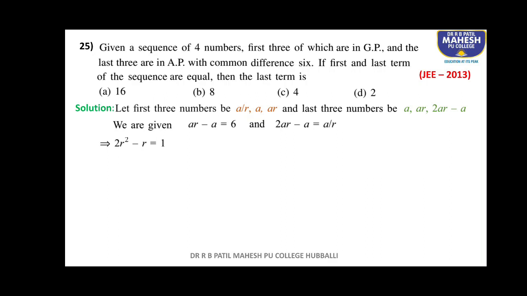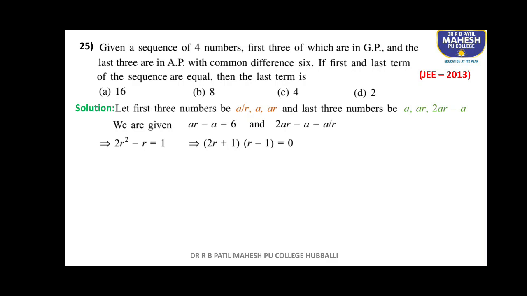Multiplying R to the left hand side, it becomes 2R square minus R is equal to 1. Now we factorize this: 2R plus 1 into R minus 1 is equal to 0.